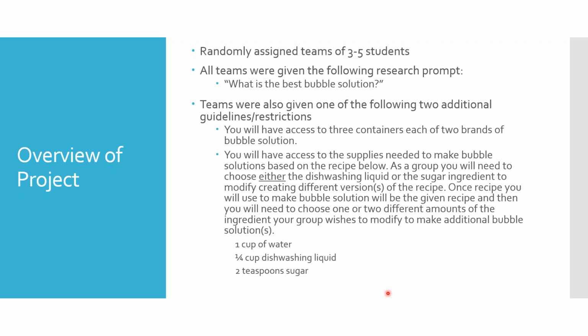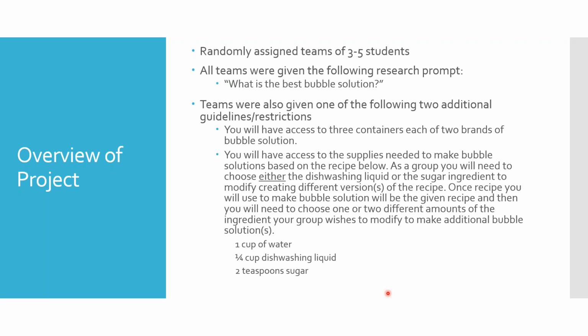So half the groups had access to 3 containers each of 2 brands of bubble solution. So here they were given pre-made, bought-in bubble solution, although there are 2 different brands. And they were also limited to 3 containers, so they had to think about supply limitations. The second half of the groups were given a recipe to follow.